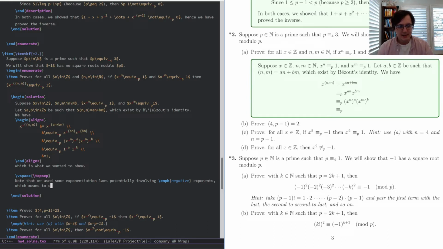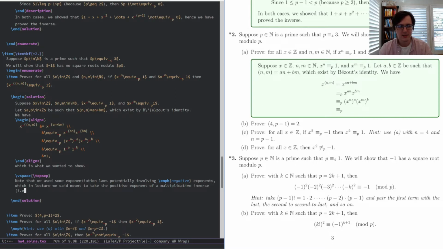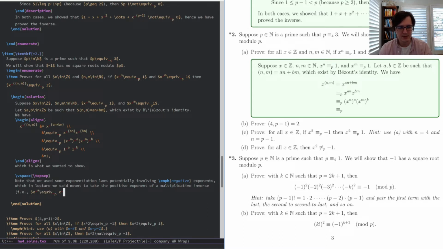Which means that, in lecture we said it means to take the positive exponent of a multiplicative inverse, which is that x to the a is equivalent mod p to x to the minus 1 to the minus a.